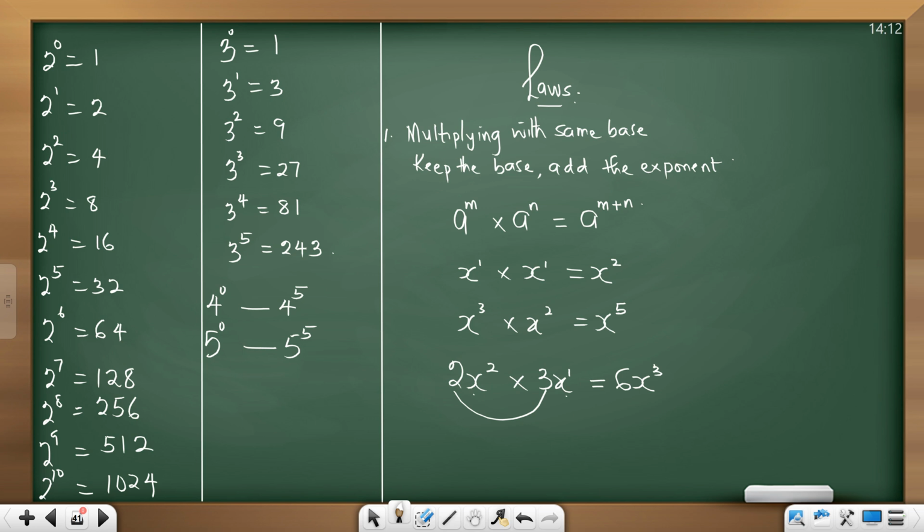So in solving this, we are actually looking for the value of the power. We are going to be looking for the value of the power, because my power is going to be a variable.